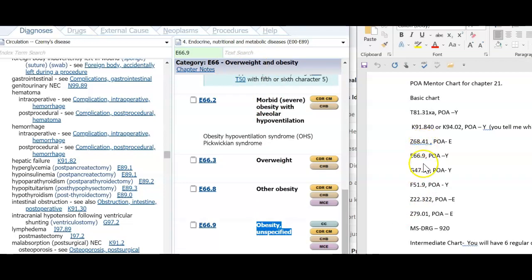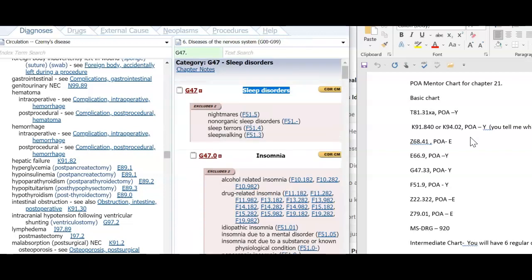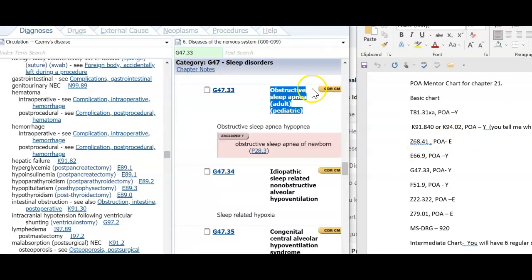So those two go together because this could make a difference in this admission. So again, you always want to look at what's going to make a difference in this admission. Okay, so then we have G47.33. That's going to be the sleep apnea I talked about. Okay, they do use a CPAP, so they are treating it.